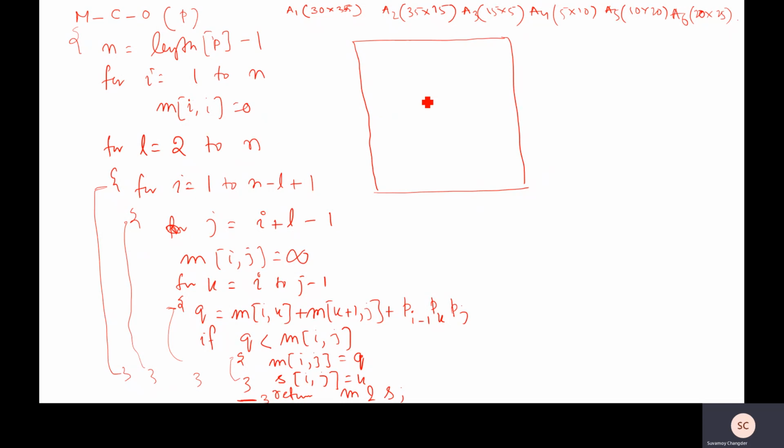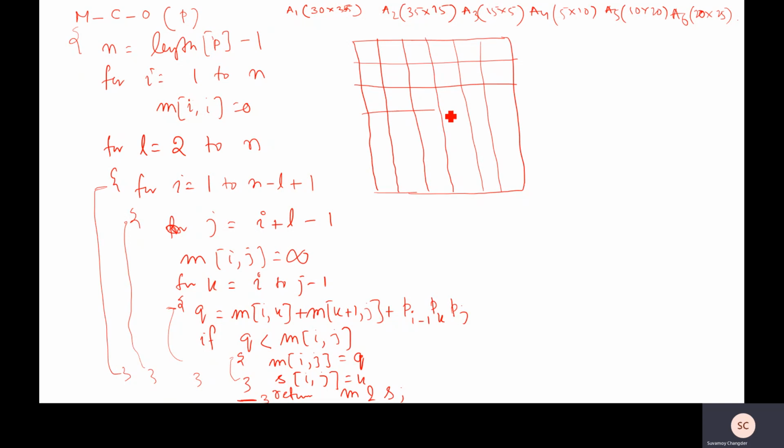M will be indexed 1 to 6 and here also 1 to 6. For simplicity and a better look, we index in this way: 1 2 3 4 5 6, and 6 5 4 3 2 1, nothing else.